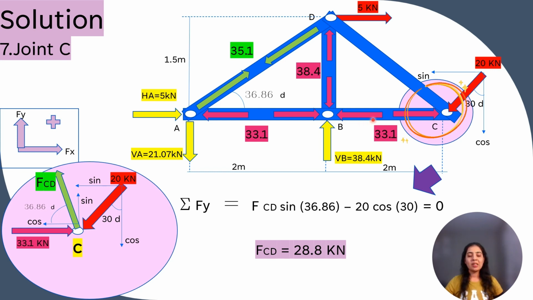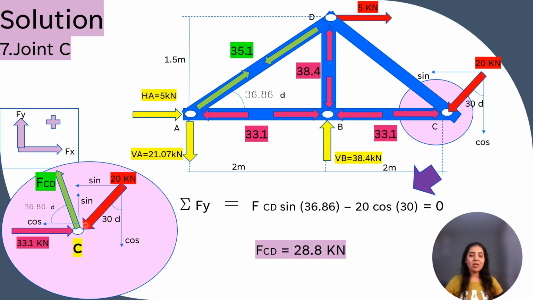For member BC, the compressive force of 33.1. Let's show that here. Then FCD, we have assumed it as tensile in nature. So FCD. And this inclined joint load of 20 kilonewton. Let's show that here in the FBD.